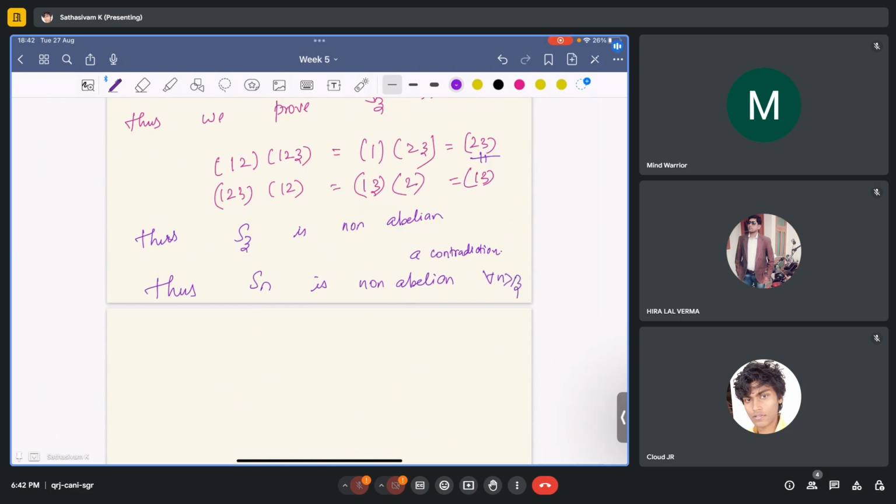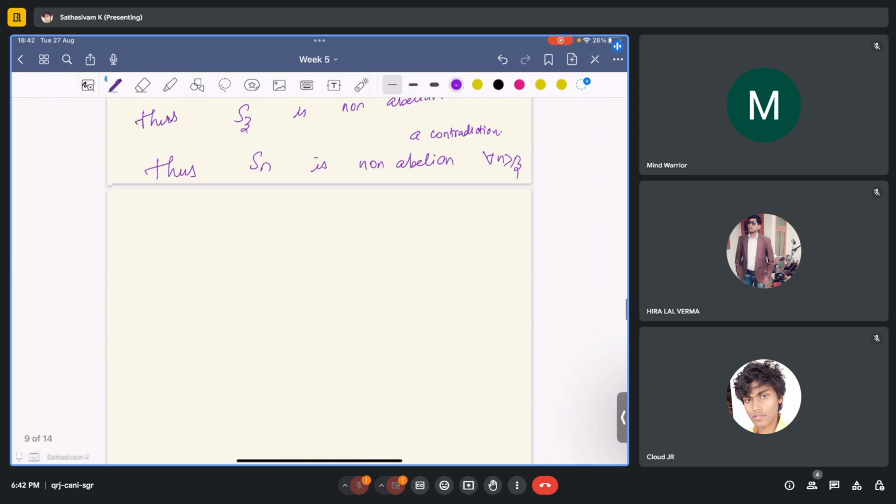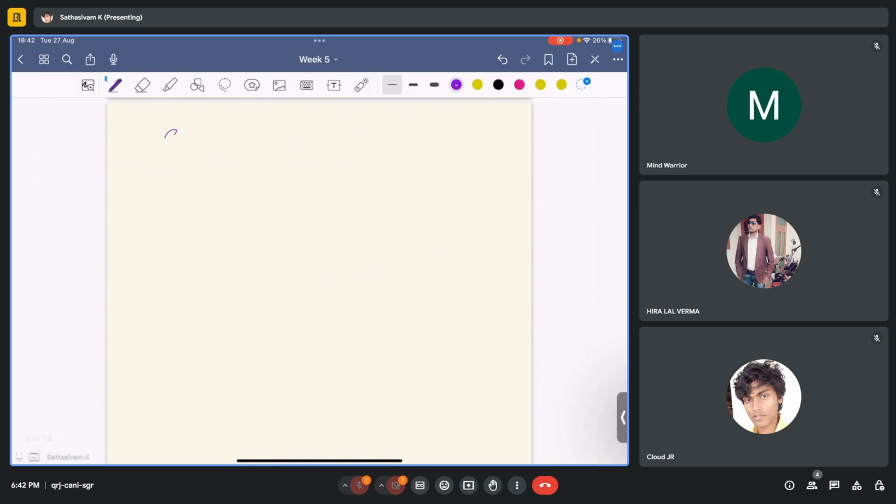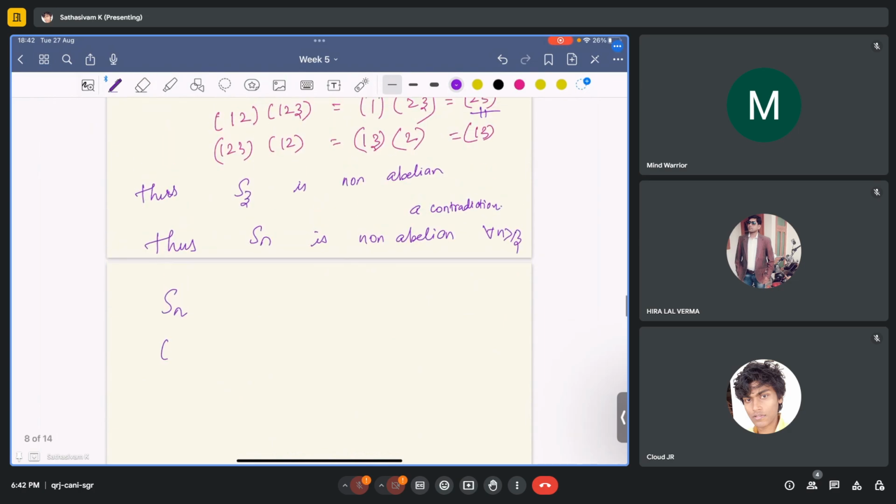In fact, you can do it directly also. Inside Sn, you take the same elements again: (1 2) and (1 2 3). Let's call these sigma and tau. These sigma and tau are also elements of Sn, right?